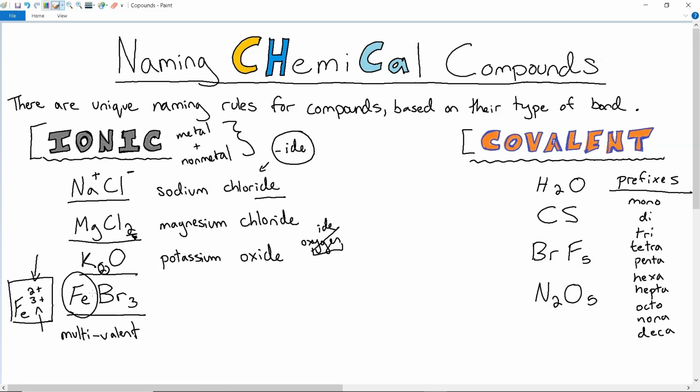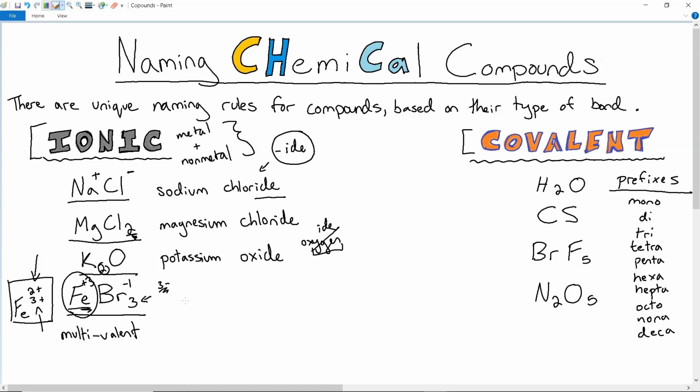So in order to name this compound properly, we actually need to figure out what the charge on iron is. Bromine always has a charge of -1, and I have 3 bromines. So that means that overall, I have a charge of -3 here. And since I only have one iron, it must have a charge of +3 to balance out the negative charge.